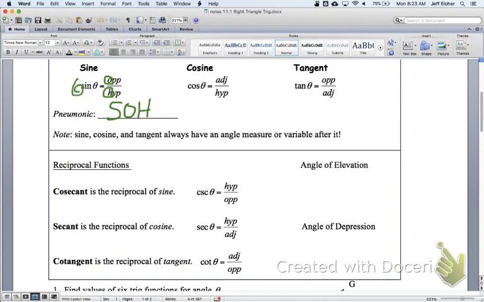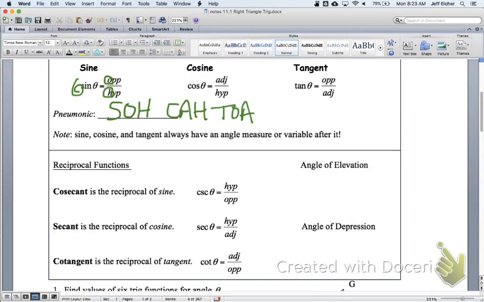Whoops, try to circle that S there. So CAH, C-A-H, and then TOA. SOHCAHTOA. And that mnemonic device has been used years and years and years to remember that sine matches with opposite hypotenuse, cosine, CAH, matches with adjacent and hypotenuse, and tangent matches with opposite and adjacent.